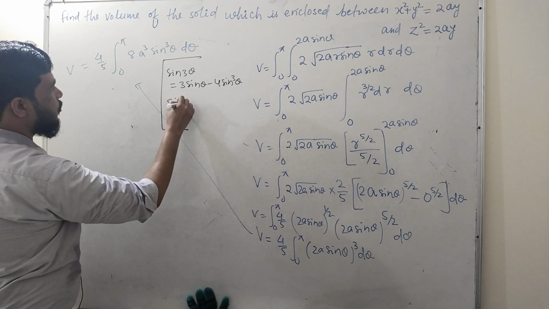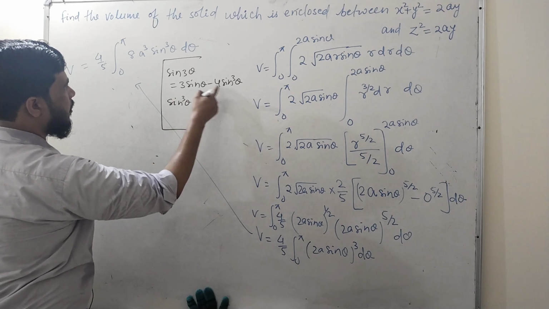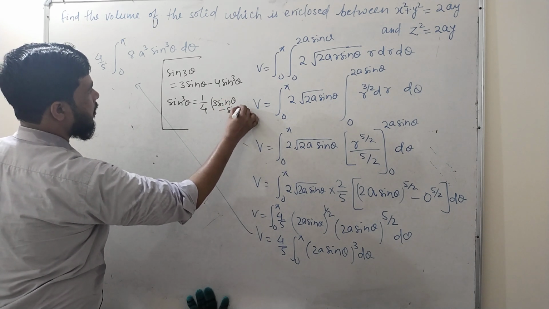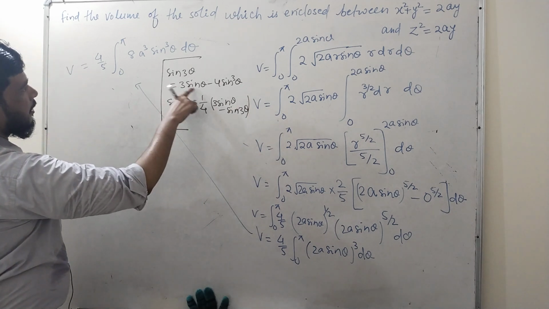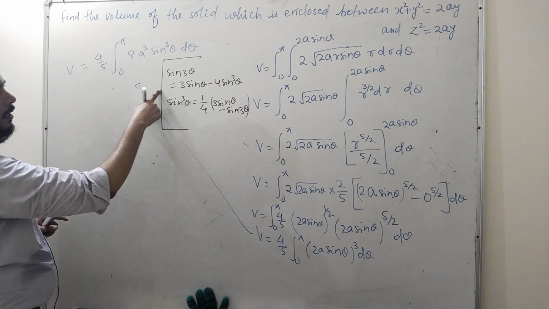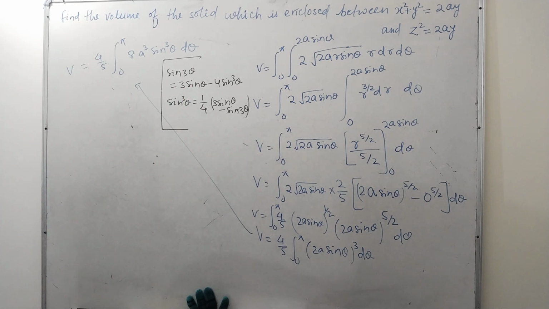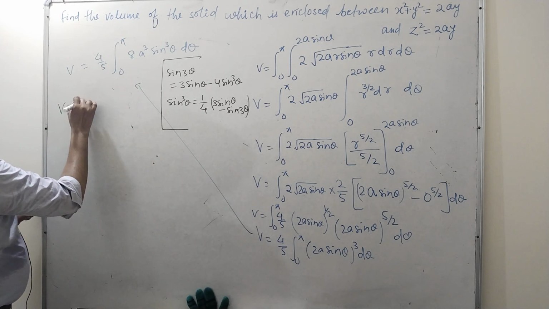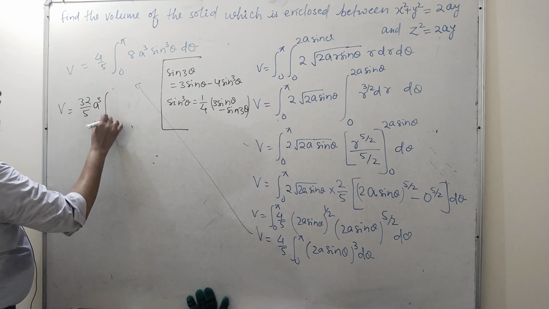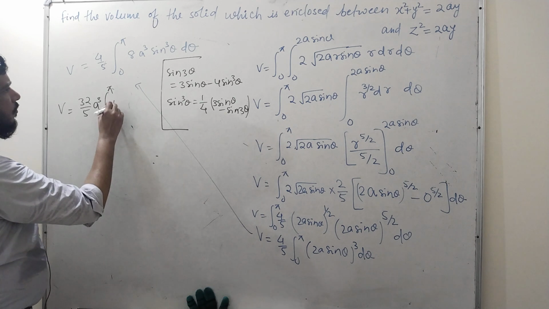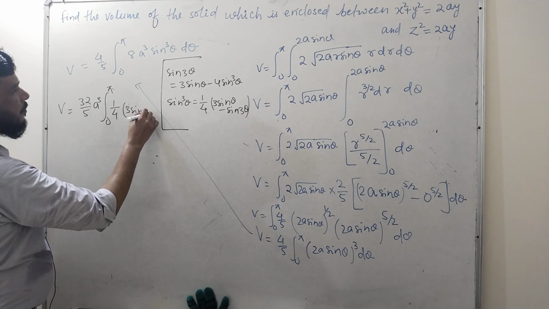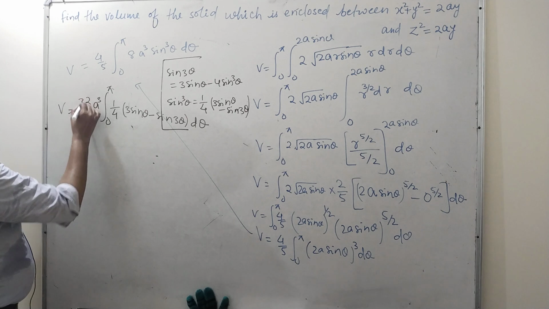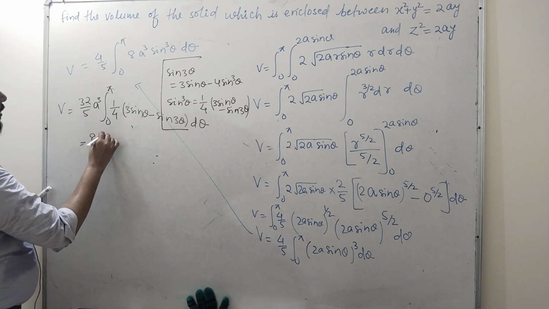From here, 3 sin θ − sin 3θ = 4 sin³θ, then dividing by 4, sin³θ = (1/4)(3 sin θ − sin 3θ). So V = (4/5) · 8a³ · (1/4)(3 sin θ − sin 3θ) dθ, and 4 times 8 is 32, so 8/5 a³.